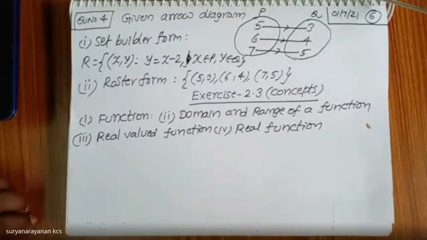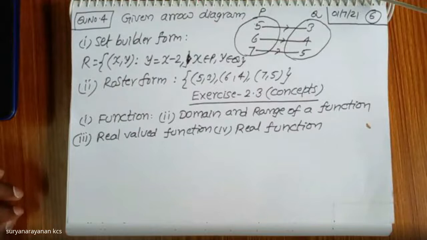Not every relation is said to be a function. Only particular types of relations are called functions. What is the condition for a relation to be a function?